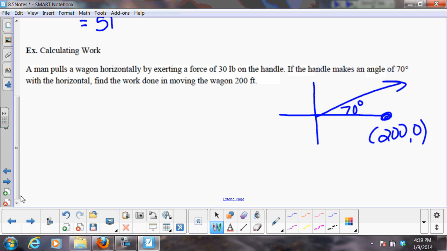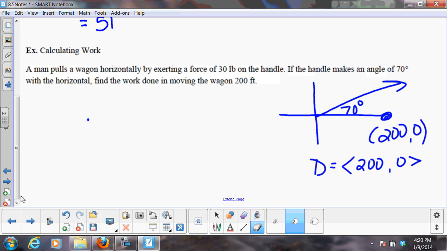So to find the distance is 200, 0, because it's not going up or down, just to the right. Our force, let me get that in there. Oh, I'll just rewrite it.